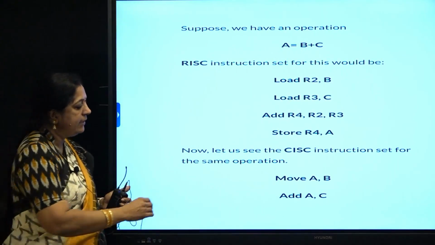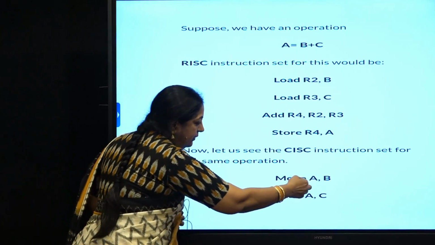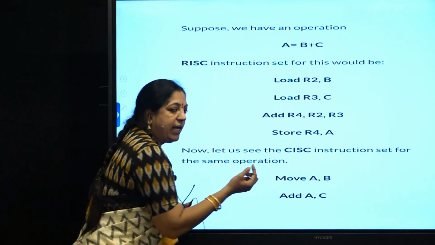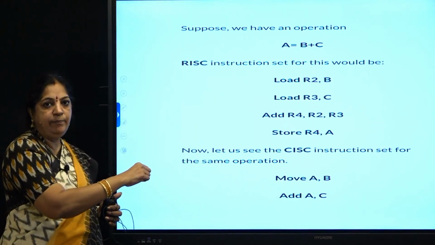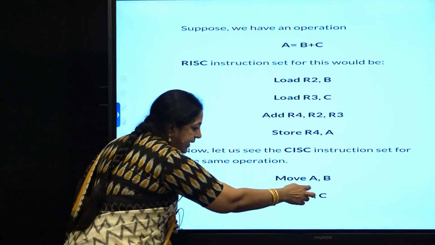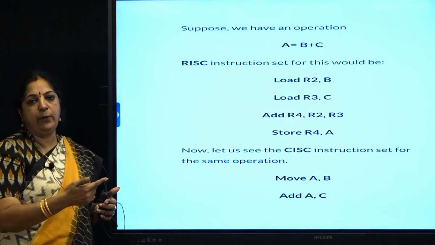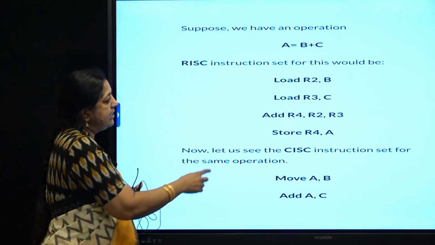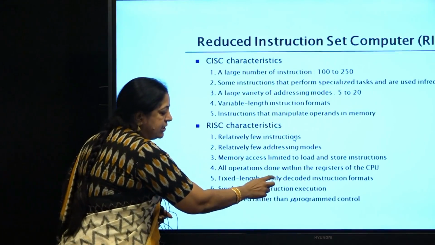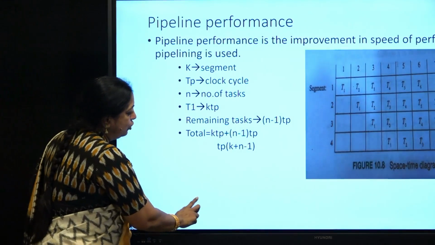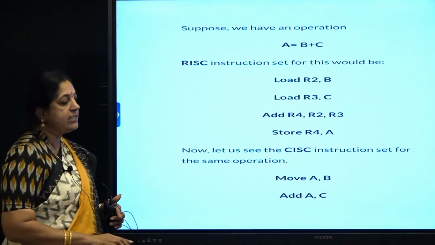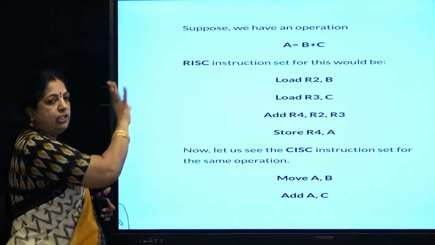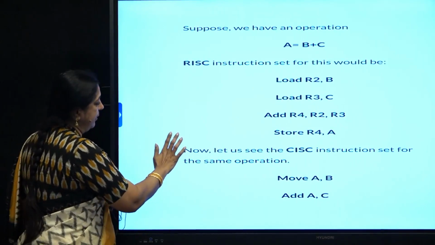Move A comma B means we are moving the B value to A. Then add A comma C: in A the B value is already there, to that we are adding the C value, that is the result. So the same statement executed in a CISC processor is completed within 2 simple steps, whereas a RISC processor uses 4 simple instructions to execute the same set of operations.